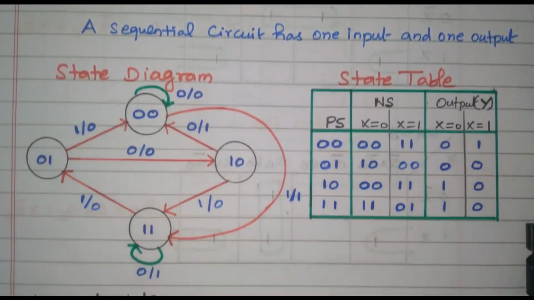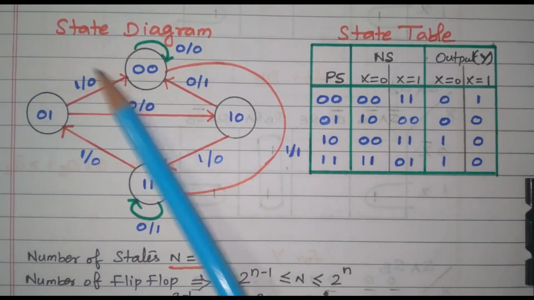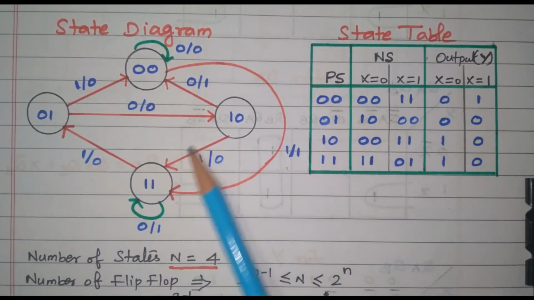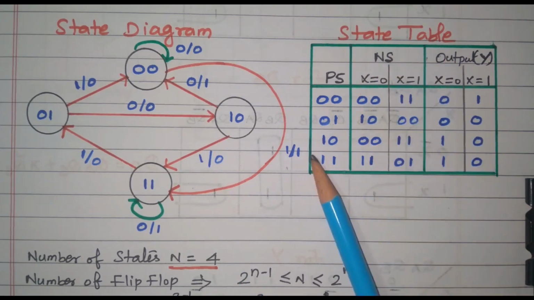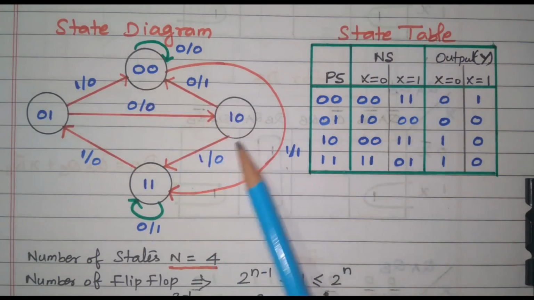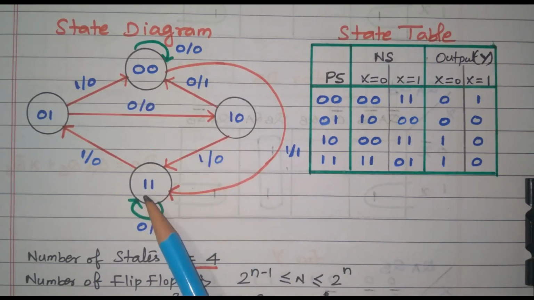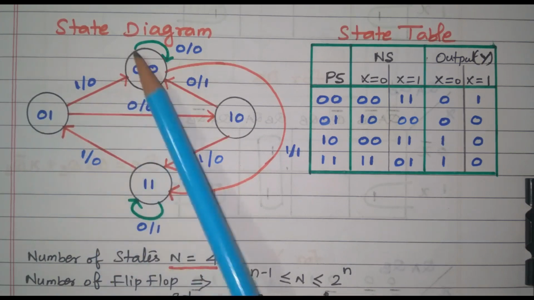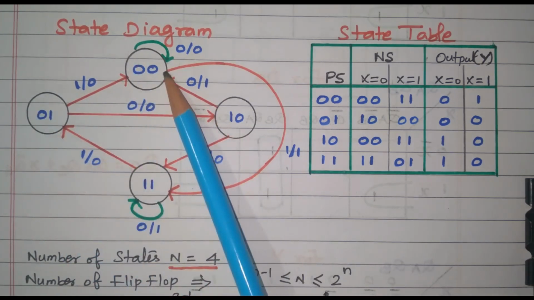Now, we will see the state diagram. This is the state diagram given in the problem itself, in the question paper. From that we need to frame the state table. In this state diagram there are 4 states available: 00, 10, 11, 01.